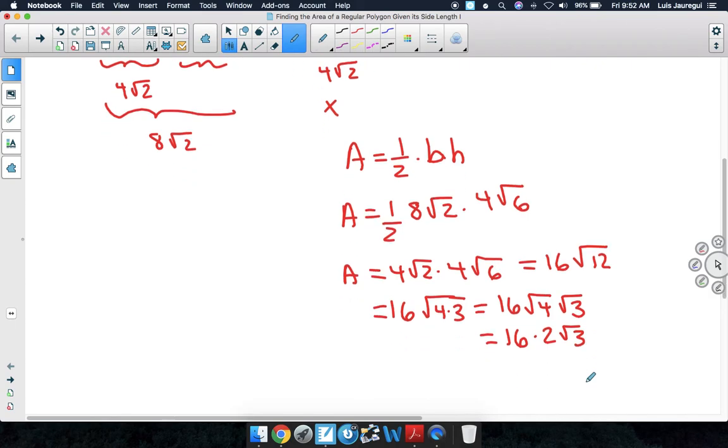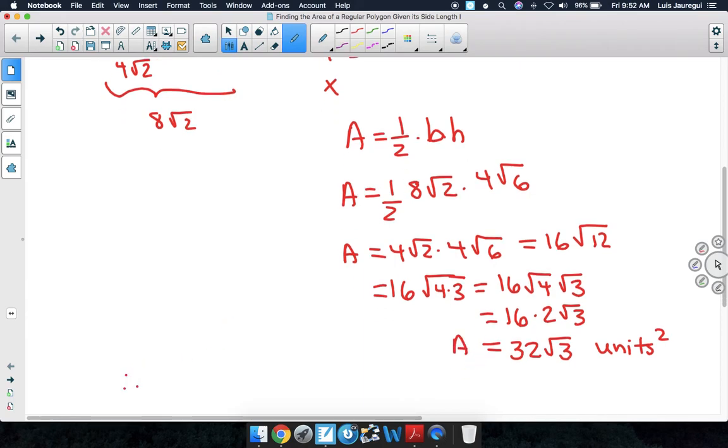And 16 times 2 is 32, so we get that the area is 32 square root of 3 square units. Therefore, the area of the triangle is 32 square root of 3 square units.